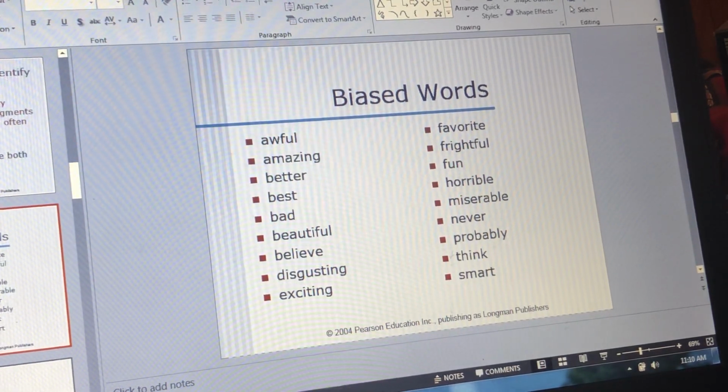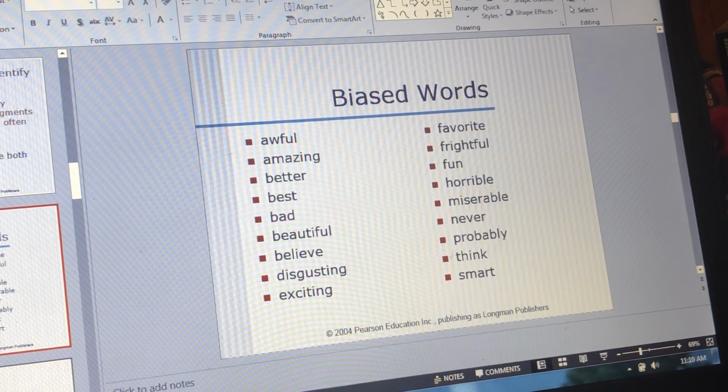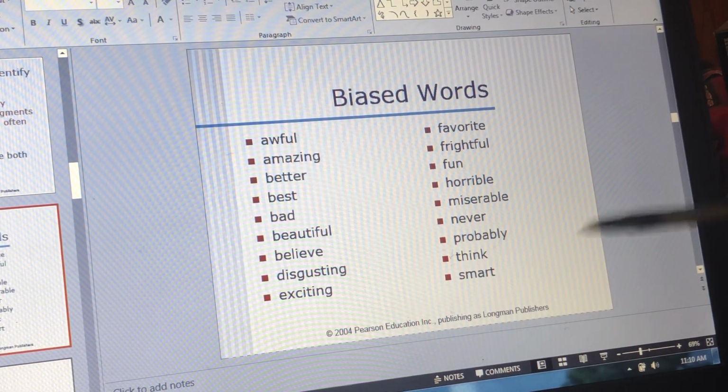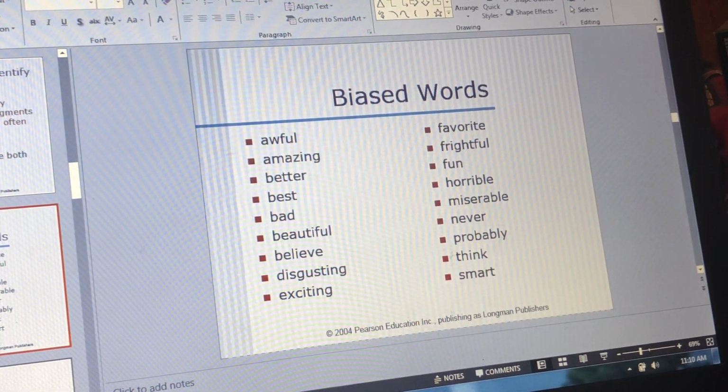Smart, which is interesting. Somebody might say, well, there are tests to measure intelligence. And that's true. We have IQ tests and standardized tests and whatnot. But as we've talked about, there's different types of intelligences. We looked at that with a reading example that we did one day in class. All right. So just because somebody doesn't perform well in a standardized test doesn't mean that they are smart or not smart, right?